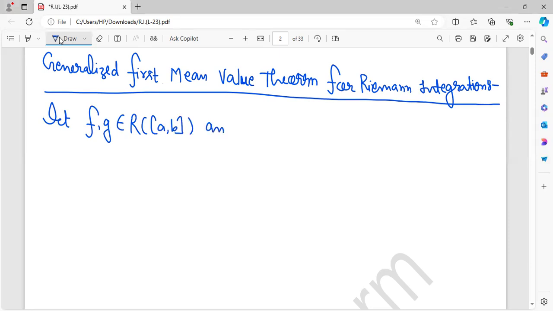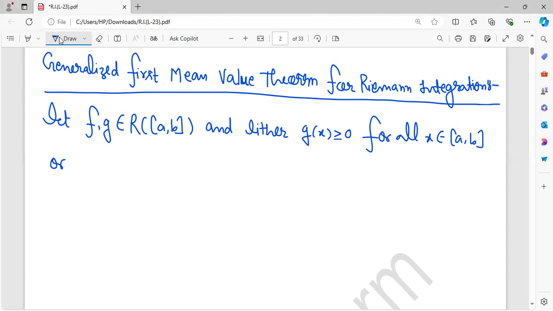And either g(x) is greater than or equal to 0 for all x belonging to the closed interval [a,b], or g(x) is less than or equal to 0 for all x belonging to the closed interval [a,b]. Okay.